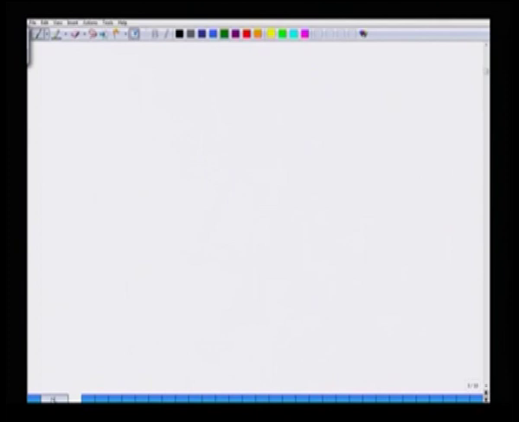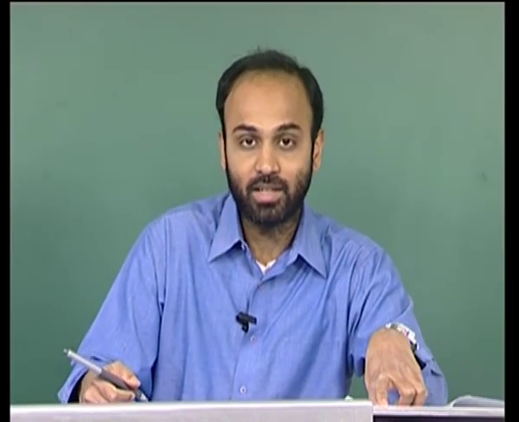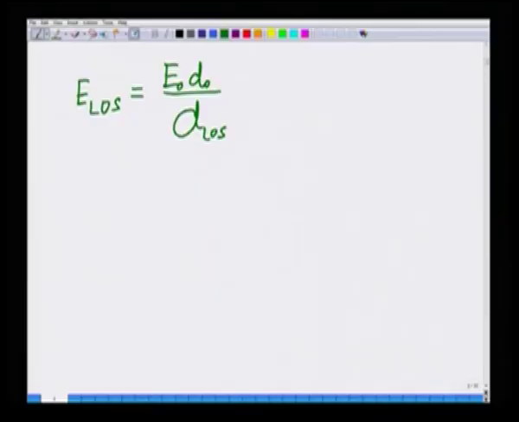Then the LOS received signal strength E LOS is given as follows. E LOS is nothing but E naught d naught by d LOS, because remember the power decreases as d square, the signal strength or the amplitude simply decreases as 1 over d.